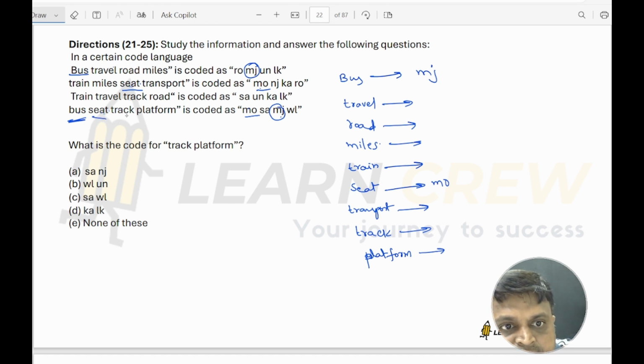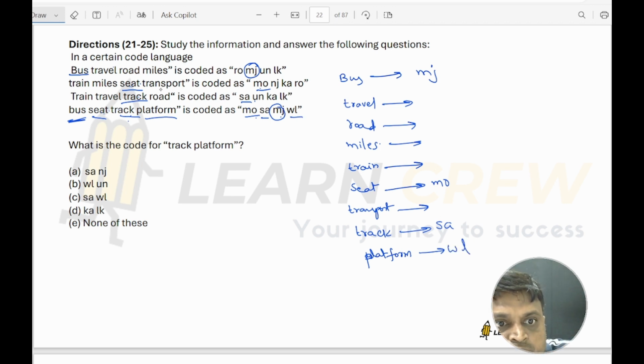Now, track. Track is there in third and fourth. In third and fourth, what is common? SA is common. So, track means SA. Now, here what is left? Platform. Platform is WL.